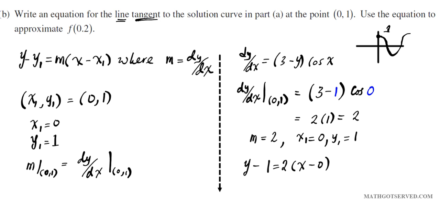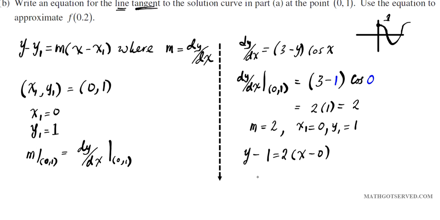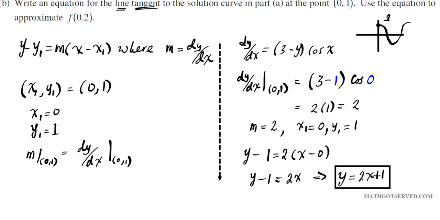Okay, and if we put this in slope-intercept form, y minus 1, distribute the 2, equals 2x, add 1 to both sides. We have the equation of the line: y is equal to 2x plus 1. All right, so that is the equation of your tangent line.